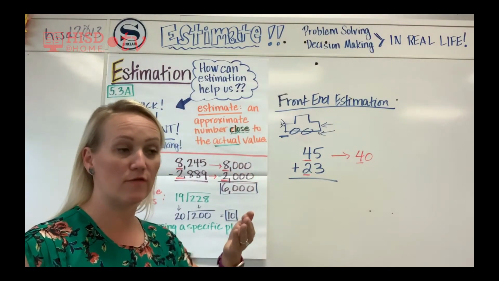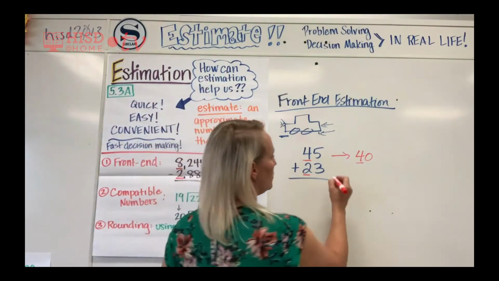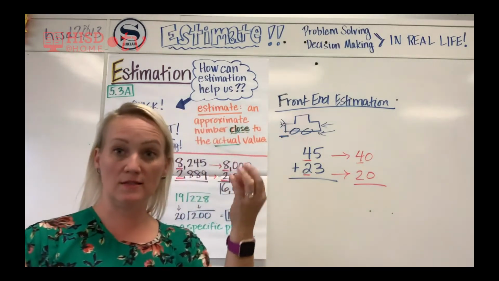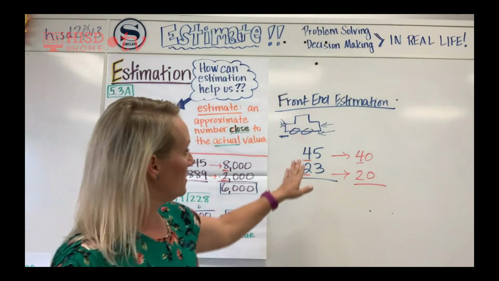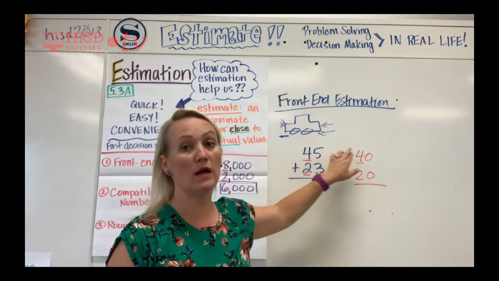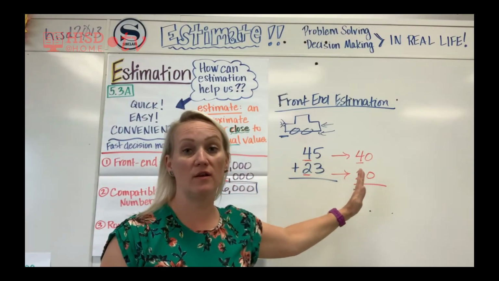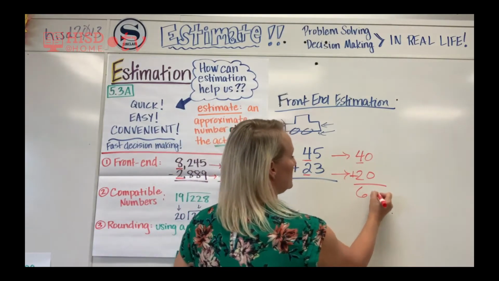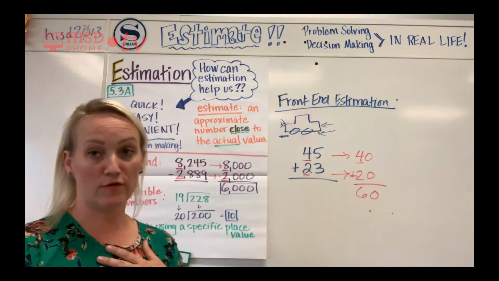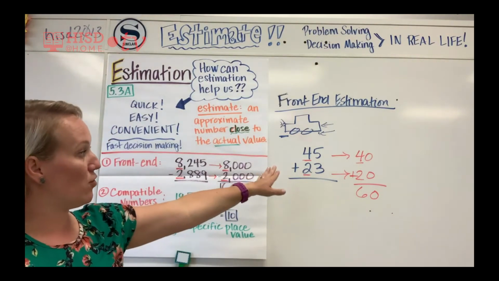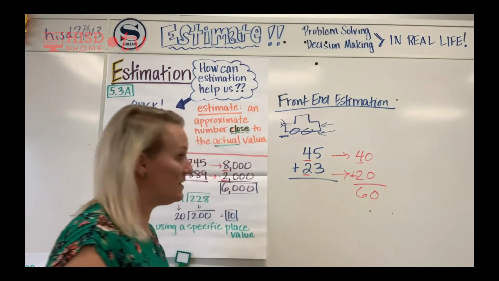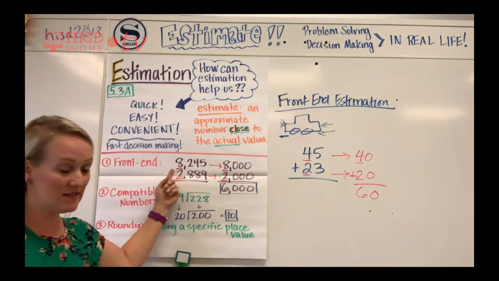The 2 is the front number, so I'm just taking the tens value. So instead of 45 and 23, I'm using the front end only, and I'm gonna say 40 plus 20 is 60. So my estimate using front end estimation is that 45 and 23 is about 60. It's that quick, easy, and that convenient.